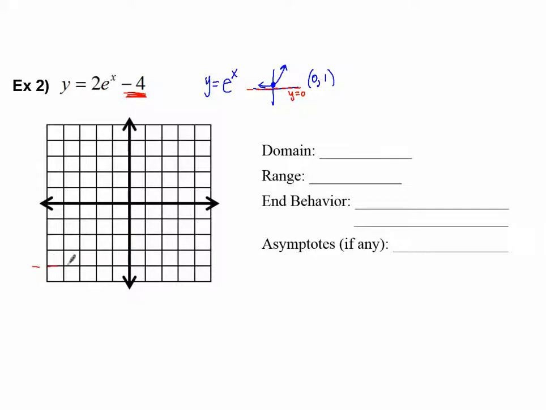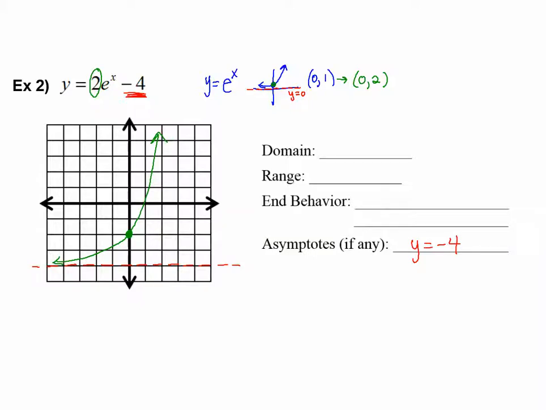So I'm going to draw my asymptote here at y equals negative 4. Because that point is normally (0, 1), but I'm multiplying by 2, that point becomes (0, 2). So that means 2 units above the asymptote. Now I can find more points to plot, but I know generally the exponential function behaves like that.